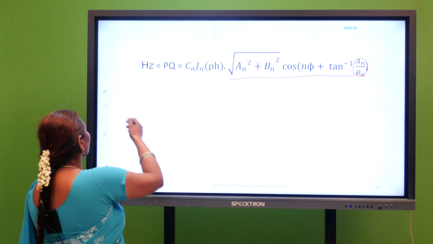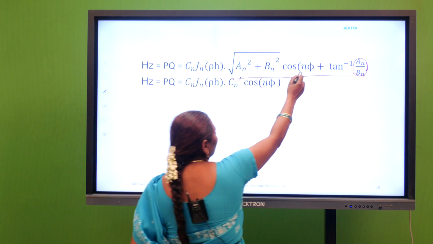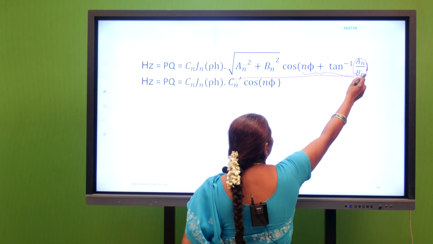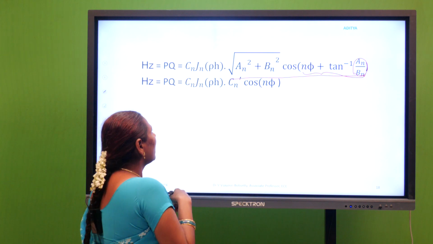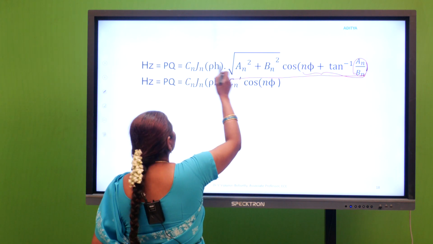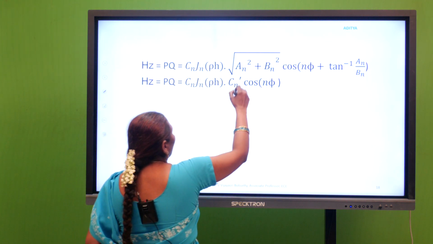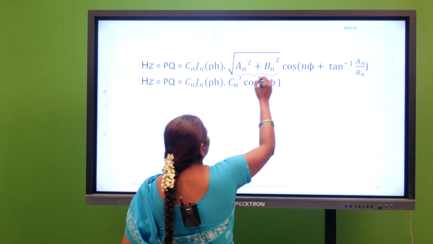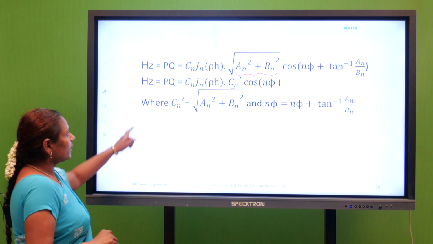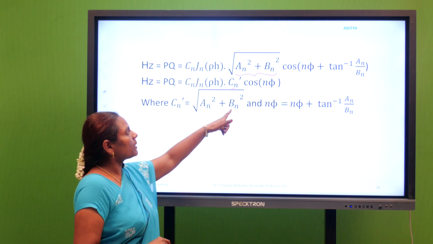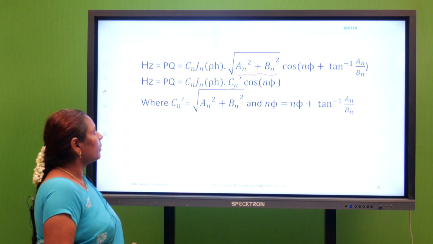So we can rewrite this equation as cos n phi, by considering that, as it is small, n phi is equal to n phi plus tan inverse An by Bn. And this magnitude term, An square plus Bn square, we can consider as Cn dash, where Cn dash is equal to root An square plus Bn square and n phi is equal to n phi plus tan inverse An by Bn.